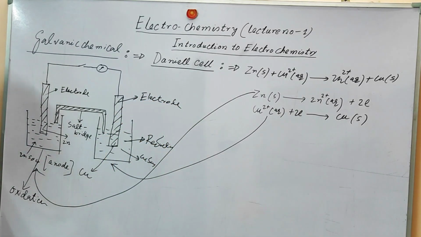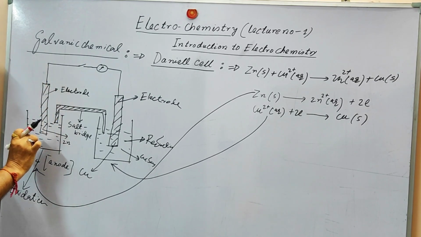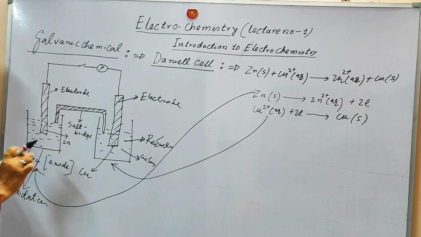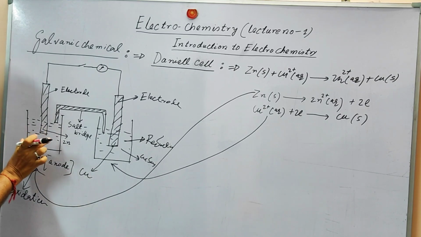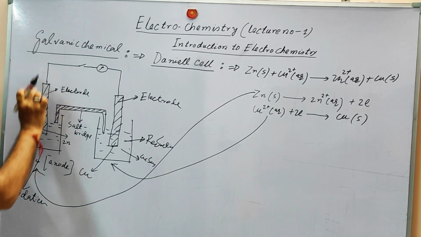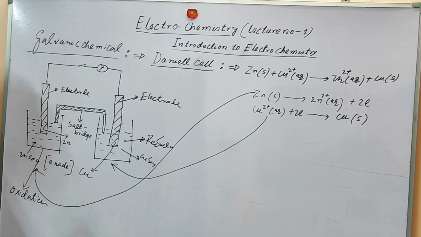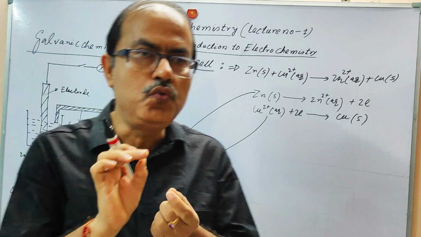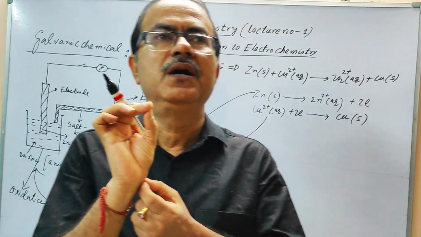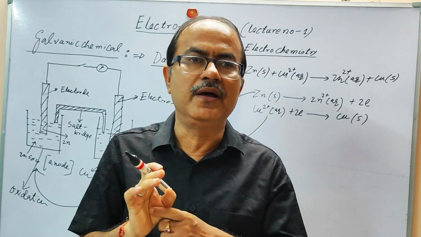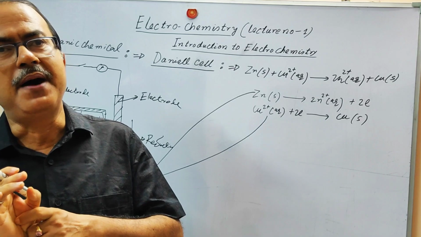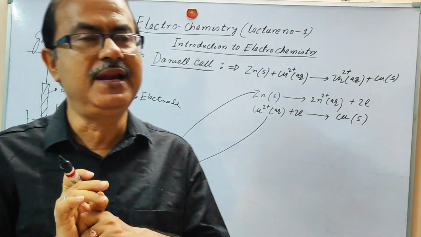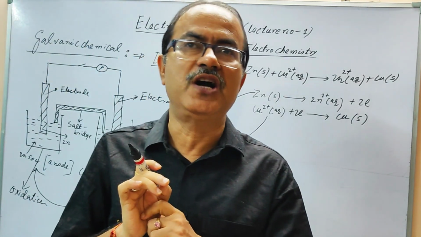What is going to happen? Just understand, at the interface, this is the zinc rod and this is the zinc sulfate solution. At this interface you will find two tendencies. One is that metal ions want to go to the metal electrode surface, making the metal positively charged.